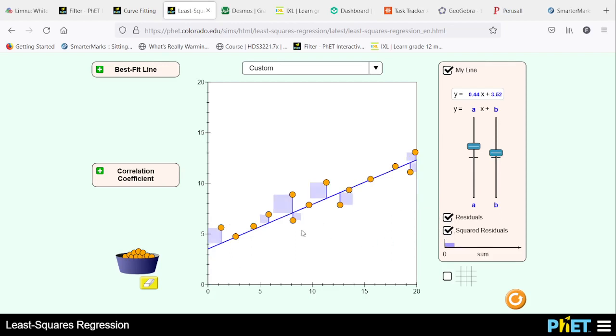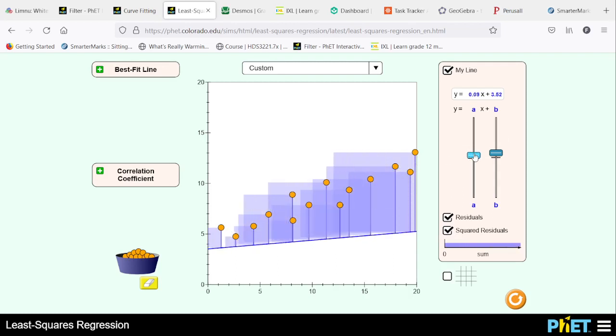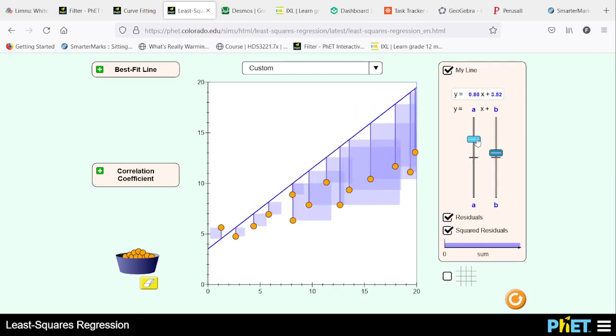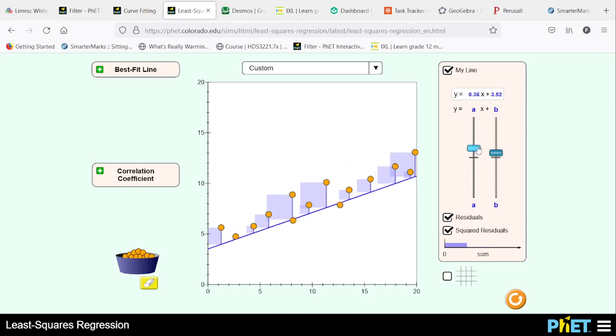If we look at the squared residuals, we see that each of those becomes a square. And the goal of regression, which we are not going to be doing by hand, is to figure out what values of our slope and intercept have the lowest total areas of these squares.